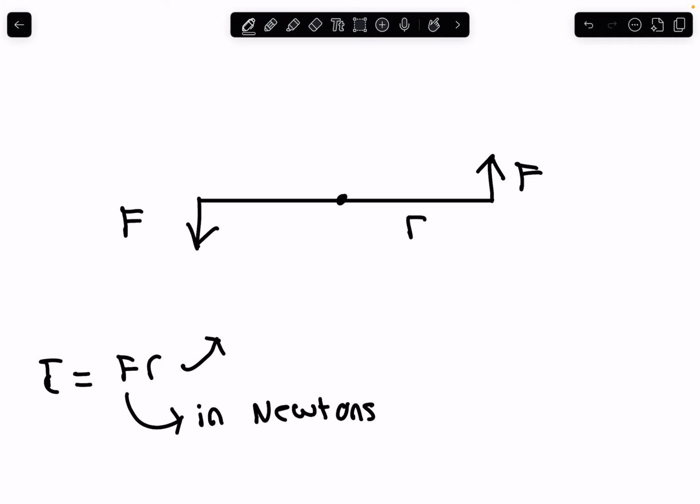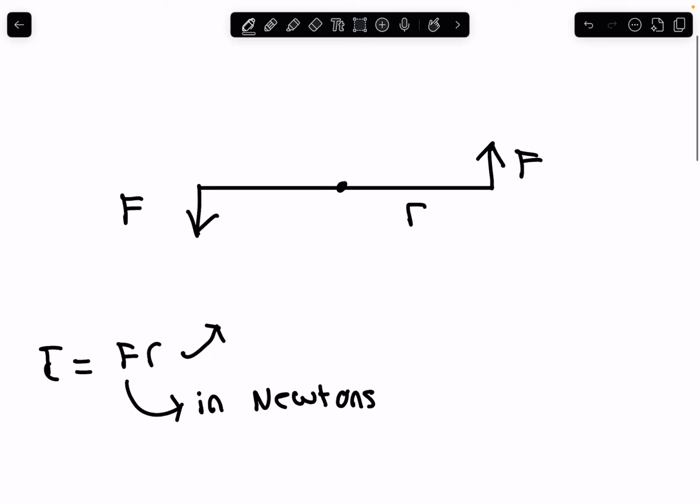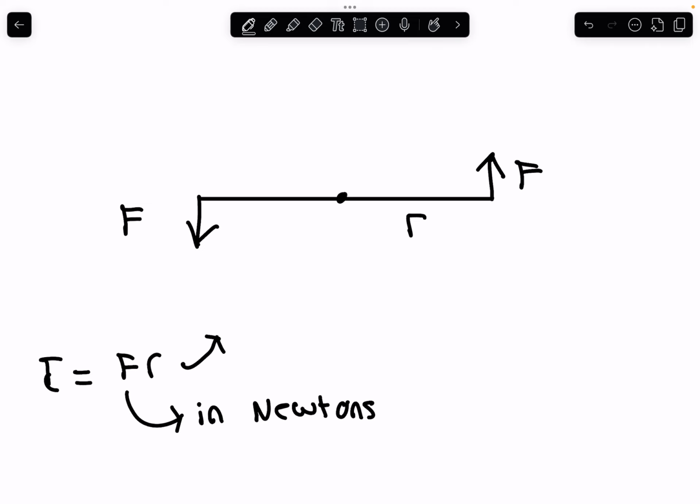So what is a pivot? Let's say you have a door. The pivot point of the door is to the left, which is the opposite of the handle. So the distance from the handle to the pivot point is r.